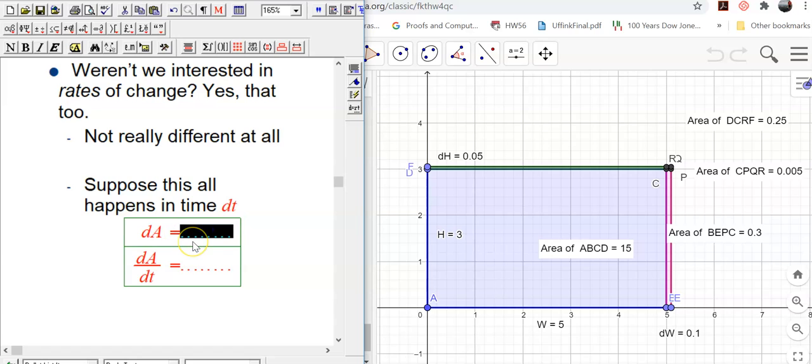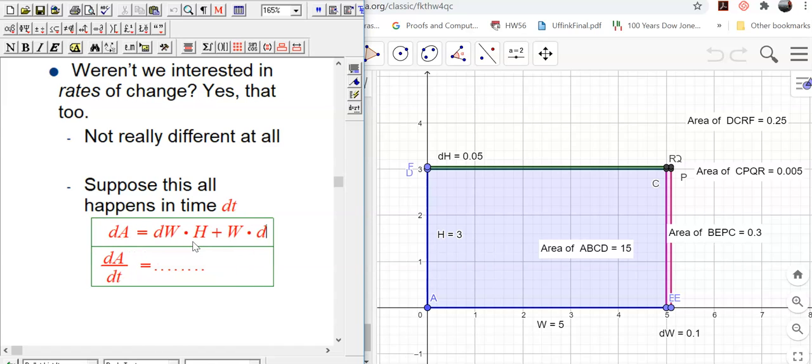So I write down my formula for the idealized change, and then I'm going to divide that by dt, and that's all I have to do. I literally just have to divide by dt.